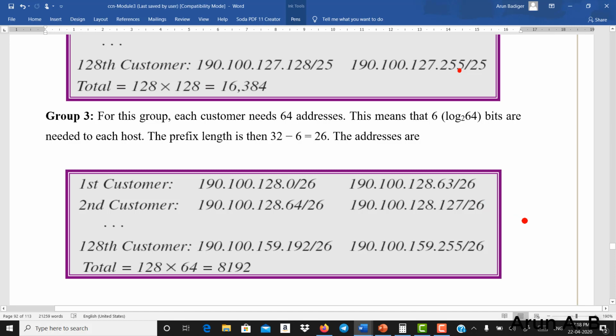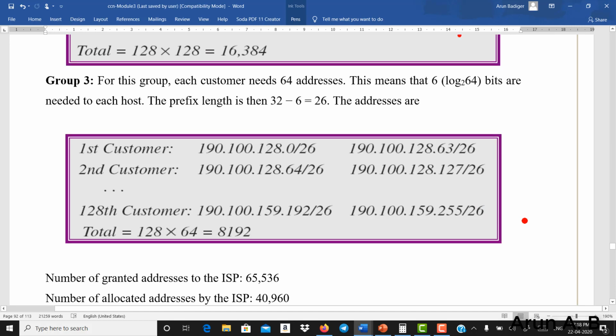In group 3, we have a requirement of total 128 customers, and each customer requires 64 IP addresses. Therefore, the very next IP address was 128.0 and it starts from 0 and goes up to 63, 64 to 127, next one 128 to 191, and 192 to 255.